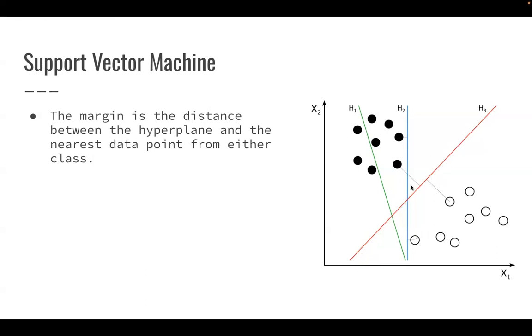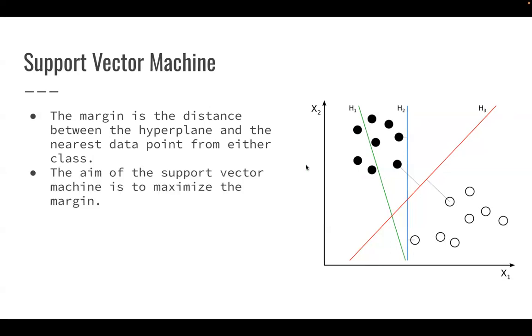And for the red, we have the nearest points as this guy and this guy. So what SVM does is try to maximize that distance. So we'll much prefer H3 boundary over H2, and H1 is not a decision boundary at all because it doesn't even segregate the data properly.